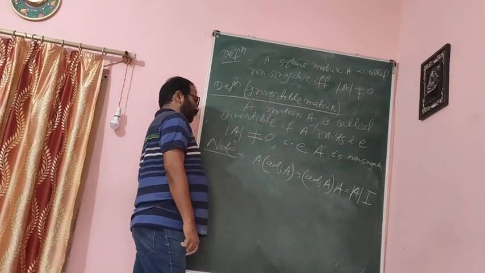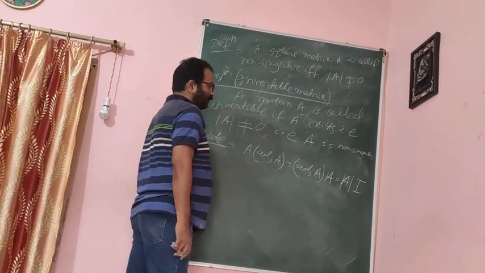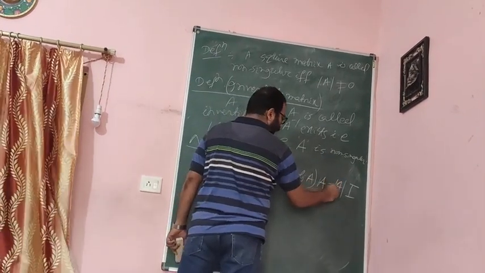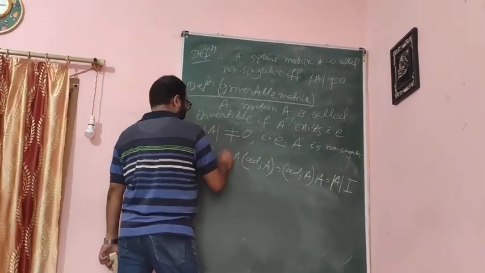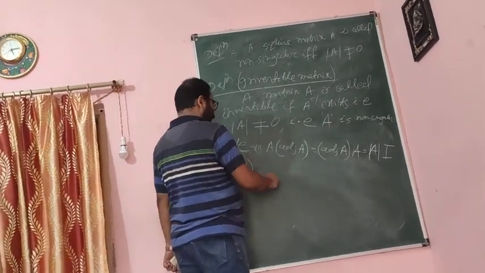A into adjoint of A equals adjoint of A into A equals determinant of A into I. This is a very important formula. Note 1.